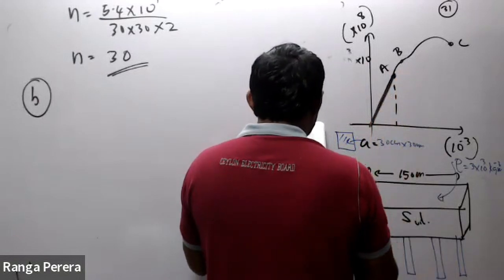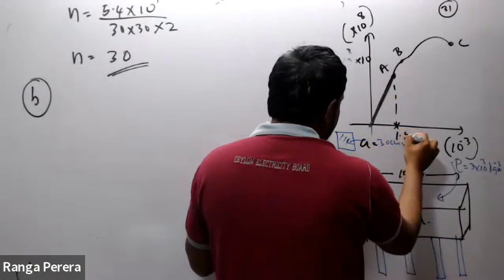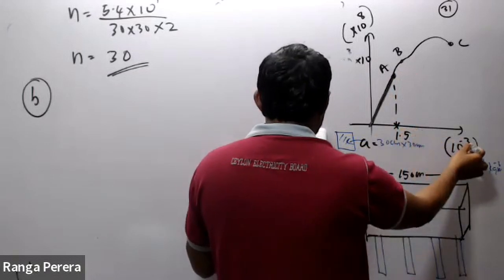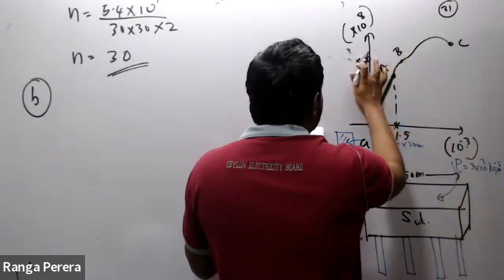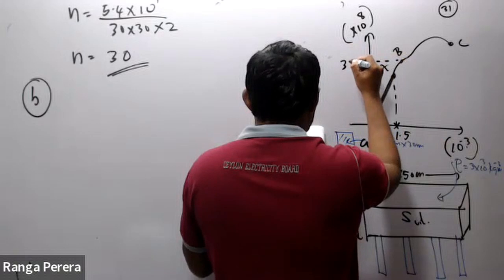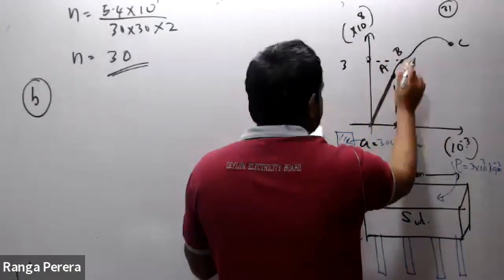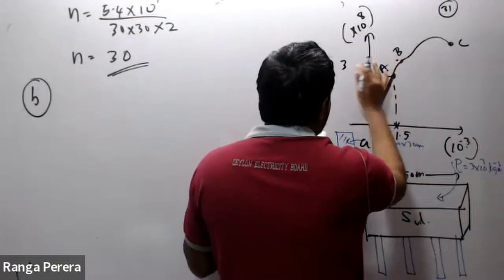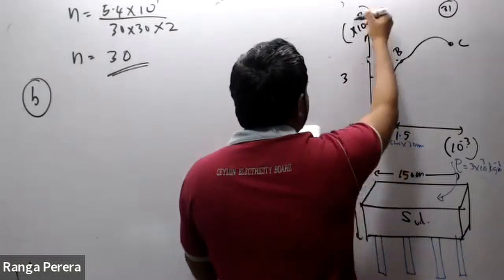This value, according to the graph, looks like 1.5 × 10^-3. At location A, the stress looks like 3 × 10^8.